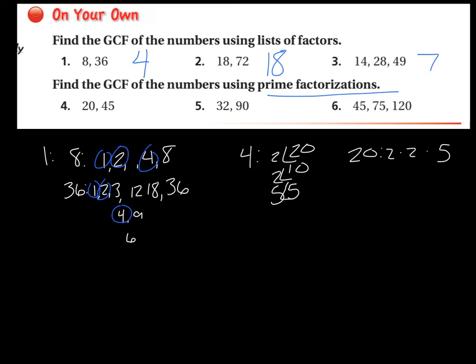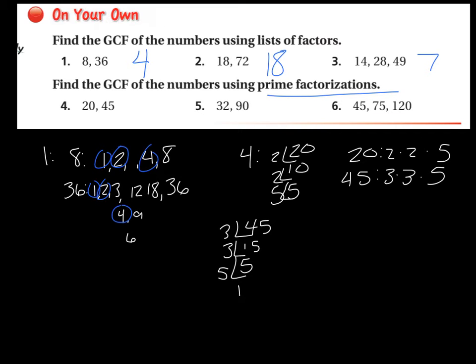And then I break down 45 the same way. 2 doesn't go in, 3 does, 15, 3 again, 5. So here's 45 ladder methoded: 3 times 3 times 5. So if you didn't do the 4, 5, and 6 that way, make sure you pause real quick and do it that way.